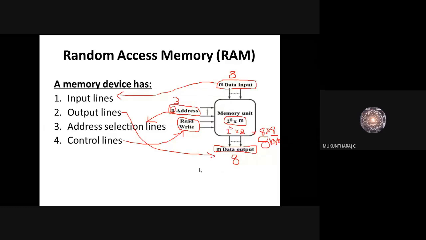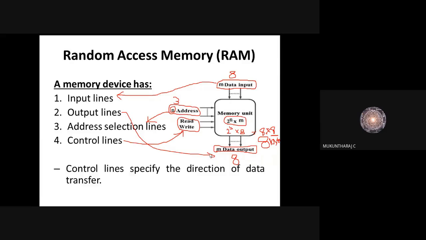The number of address lines and the number of input or output lines defines the capacity of the memory device. So here, if you are considering 3 address lines and 8 data input lines, then you can have a capacity of 8-byte memory.